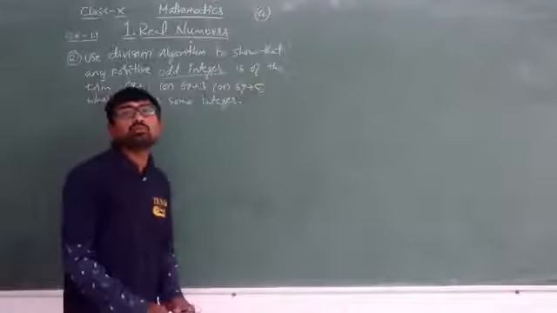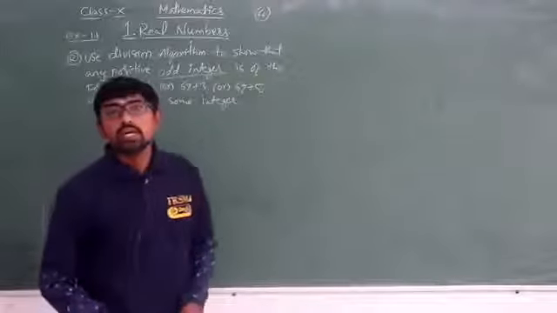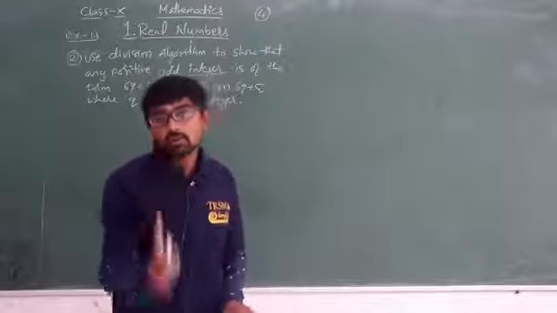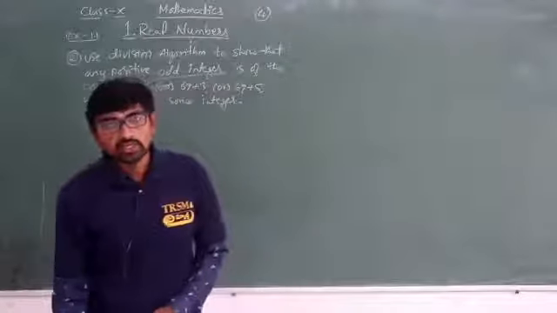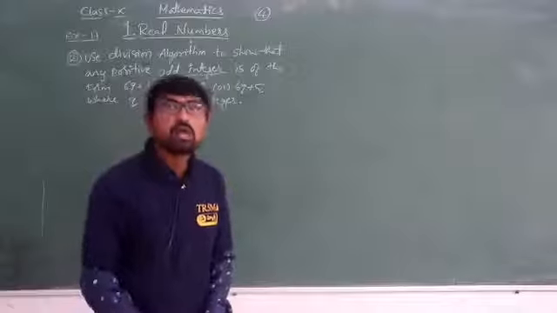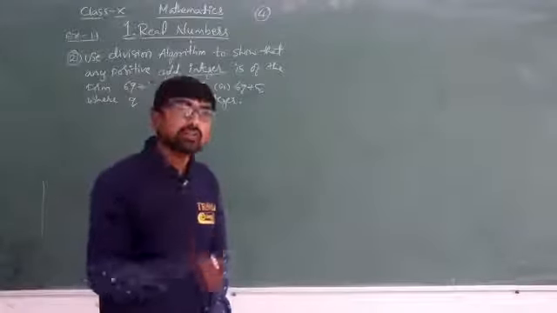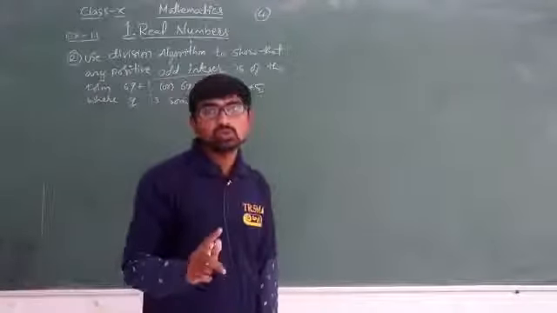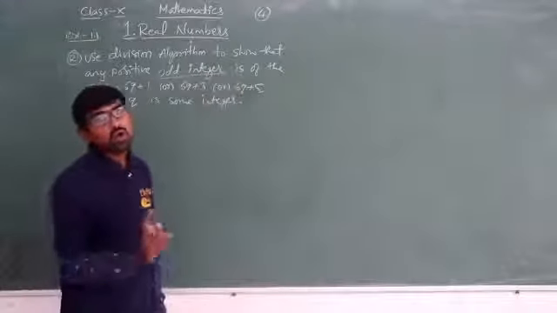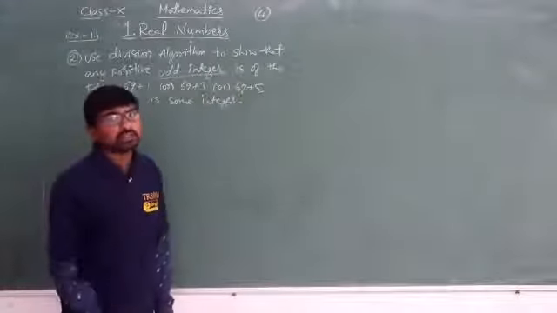It is exactly divisible by 2. What is an odd integer? When the number is divisible by 2 and leaves the remainder 1, then such numbers are called odd integers or odd numbers, isn't it?